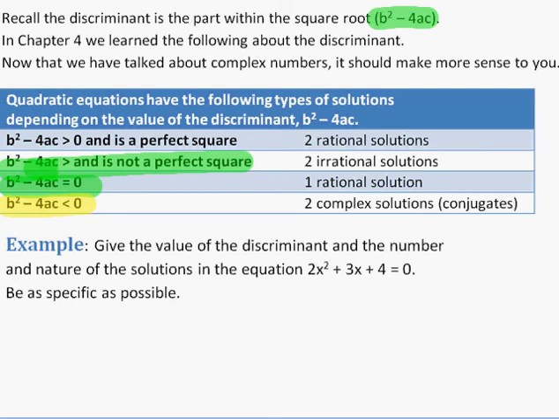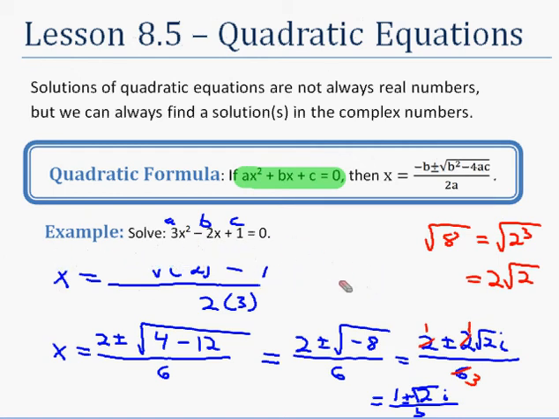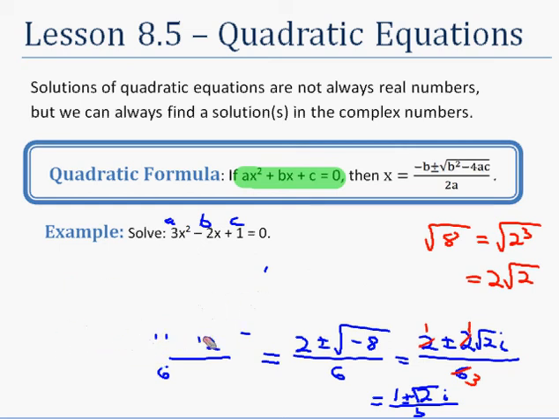So I'm actually going to go back to this last slide because I wrote that they're conjugates of each other, and we might not readily see that. I'm going to have to get rid of some work here because we have a lot of stuff written here. So if you remember, our answer was 1 plus or minus 2 root 2 i over 3.